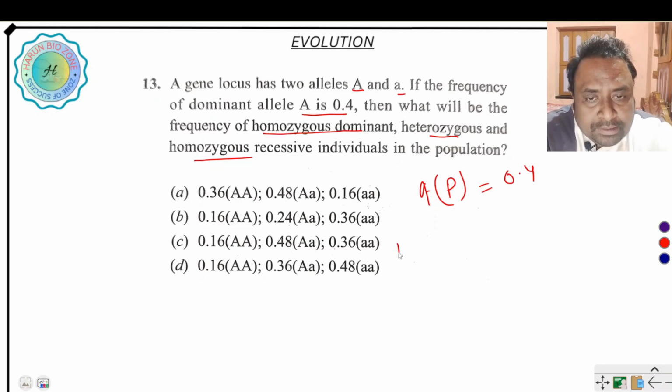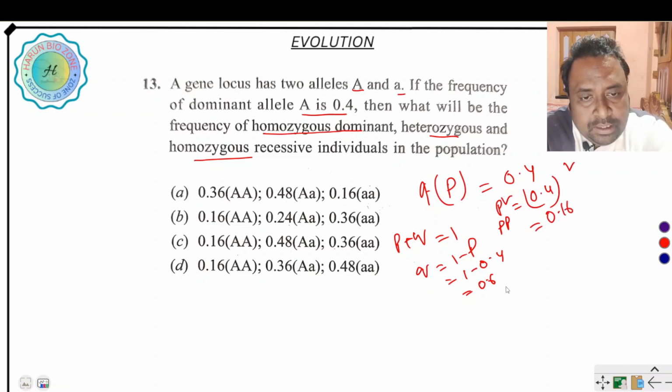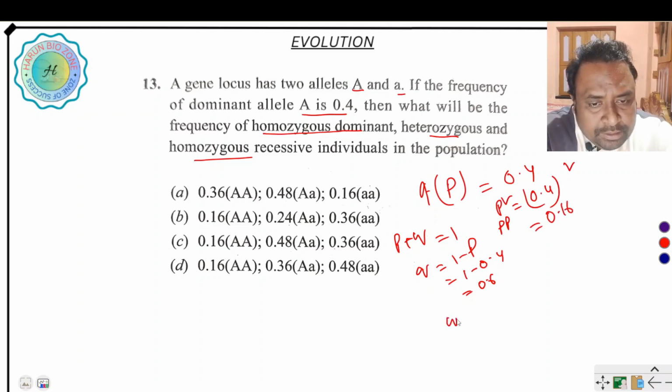So p plus q is equal to 1, so q is equal to 1 minus p, that is 1 minus 0.4, that is 0.6. The allele p is 0.4, so p square, or PP, is 0.4 whole square, that means 0.16. And q square, or qq, is 0.6 whole square, that means 0.36.